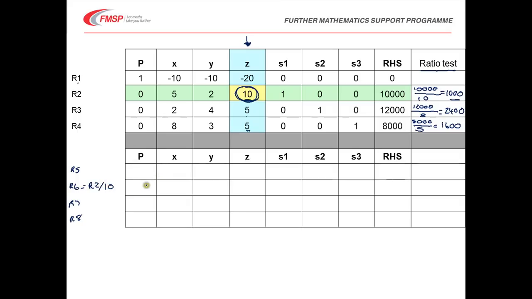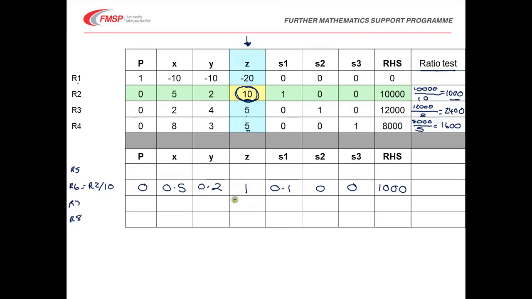And if I do that, then I'm going to get 0, 0.5, 0.2, 1, 0.1, 0, 0 and 1,000. Now I know sometimes these are worked out using fractions, and if they're nice easy fractions you're very welcome to use fractions, but it isn't compulsory. It's absolutely fine in the examination to use your calculator and do decimal answers, so whichever is more straightforward for you.